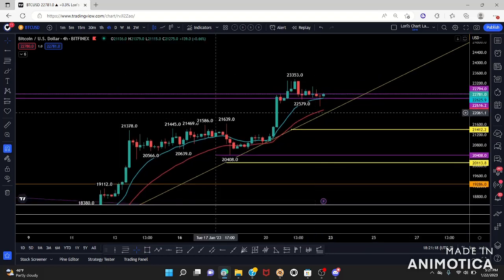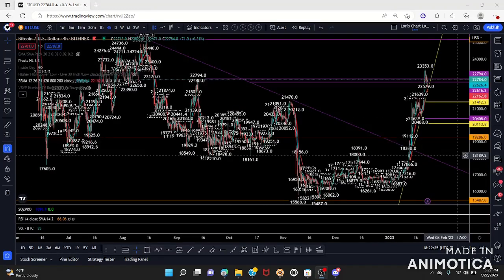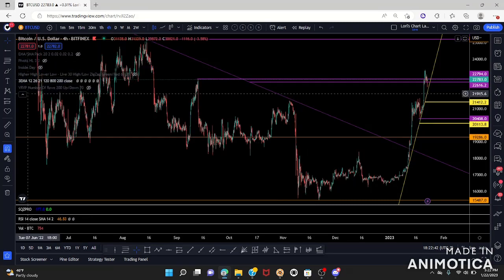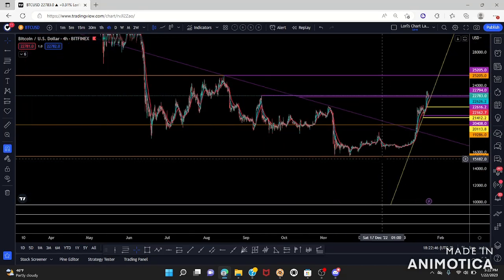Okay, so I have my trend lines, my 4-hour trend line. Once your daily target is set, let's go ahead and step back, zoom out, and see what's going on.